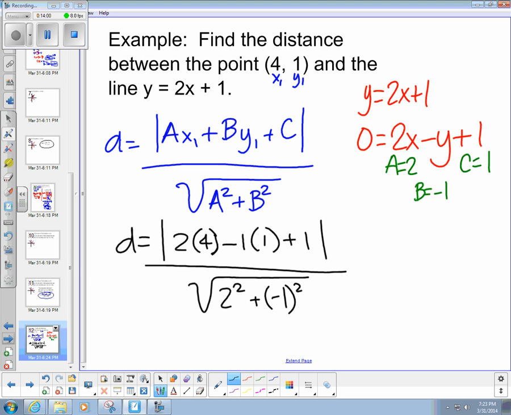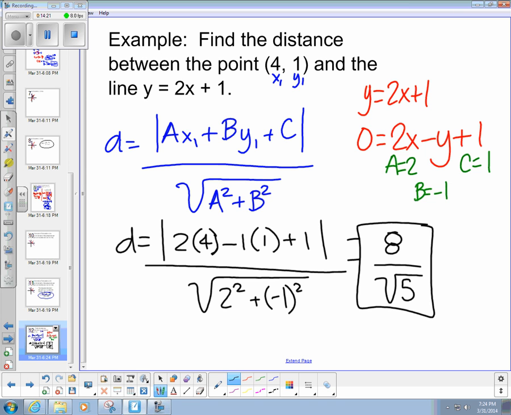Okay, so on the top, we're going to have 8 minus 1 plus 1. The minus 1 plus 1 is going to cancel each other out. So we have the absolute value of 8, or 8. And in the denominator, 2 squared plus negative 1 squared is 5. And since that's not a perfect square, we're just going to leave it as square root of 5.